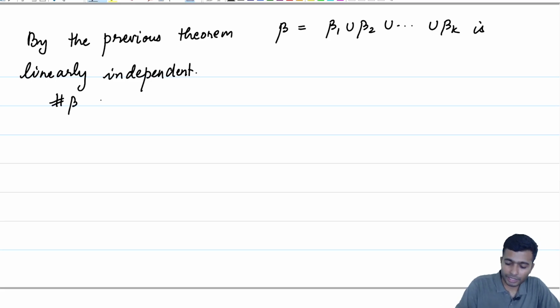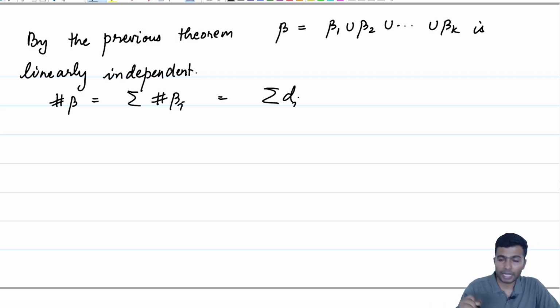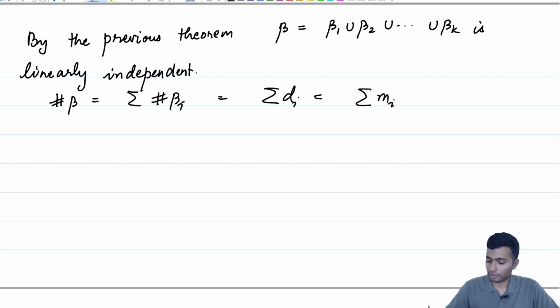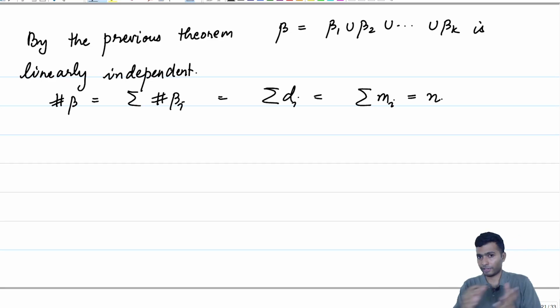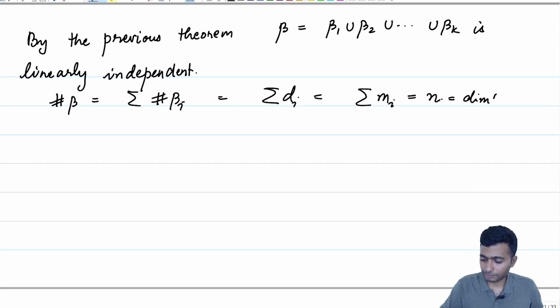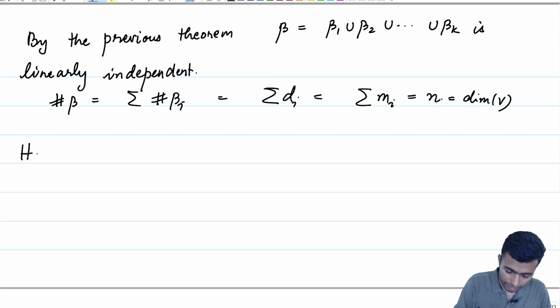Notice that each of the beta i's are mutually disjoint, so the size is the summation of the size of beta i, which is equal to the summation of di. But this is now equal to the summation of mi, which is equal to n. Therefore, we have a linearly independent set which has size equal to the dimension of V, and that forces it to be a spanning set and hence a basis. Hence, beta is a basis.